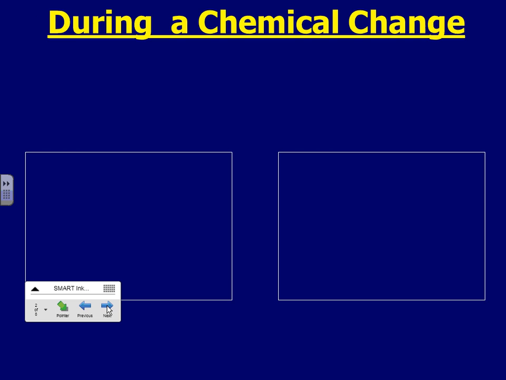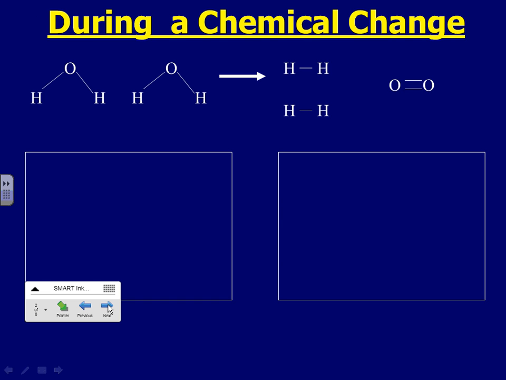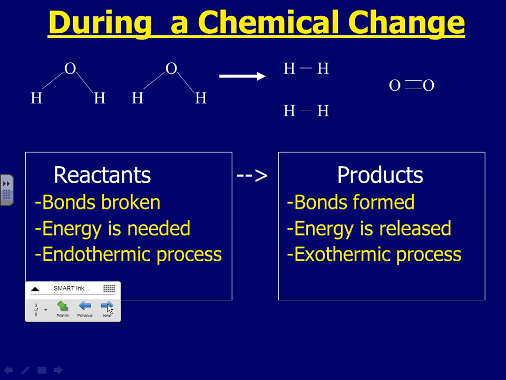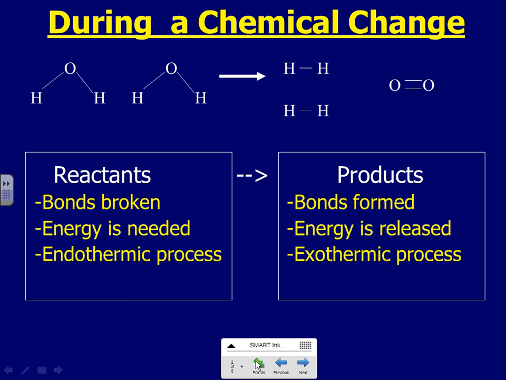Okay, so next here, let's talk about what happens during a chemical reaction. During a chemical reaction, bonds need to be broken as the reactants fall apart or blow apart. A chemical reaction is a violent thing, really.